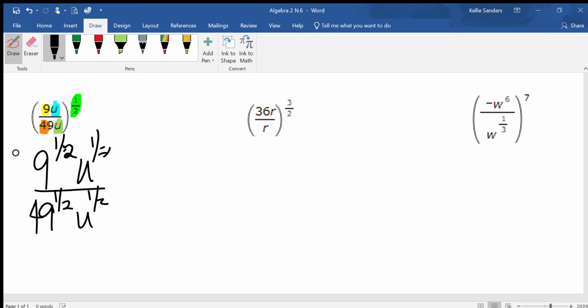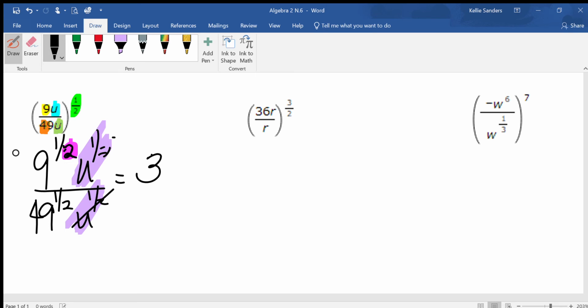Does anybody remember what to the 1/2 power means? That's your root, which means you're looking for 2 of a kind that multiply together to get 9, which is 3. What happens here, where you have u to the 1/2 and u to the 1/2?